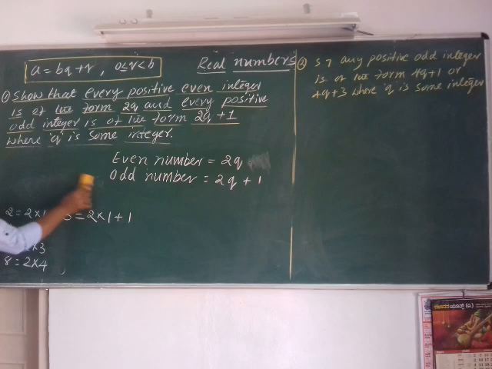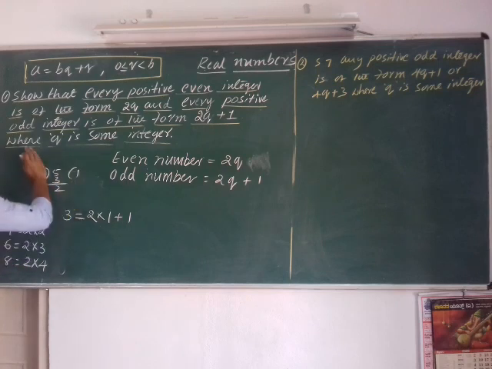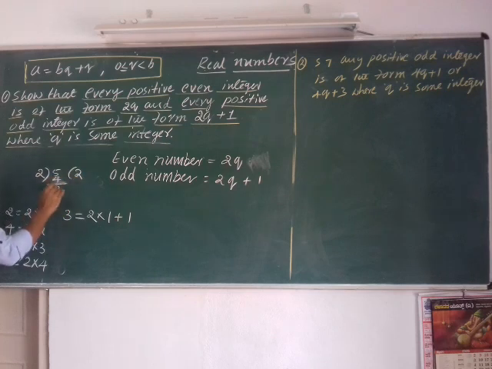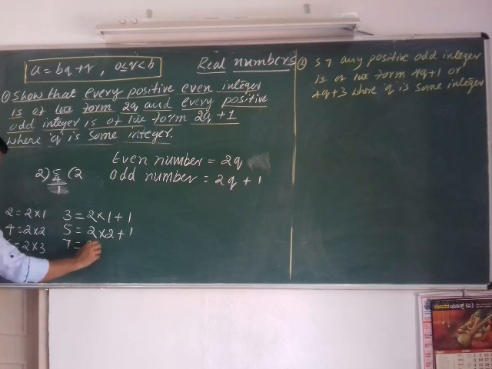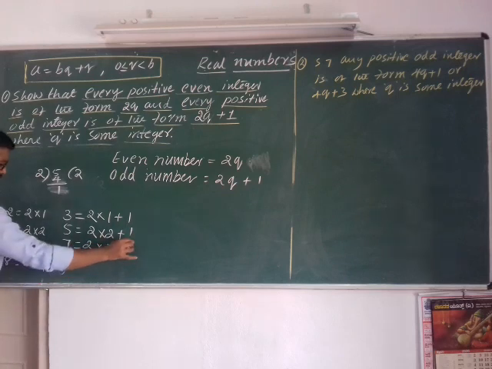Let me divide 5 by 2. 2 twos are 4. Remainder is 1. So I write 5 as 2 into 2 plus 1. Similarly, on dividing 7, 2 into 3 plus 1.